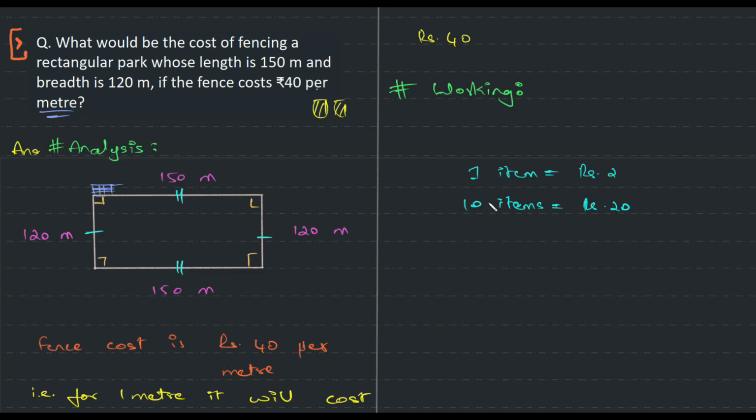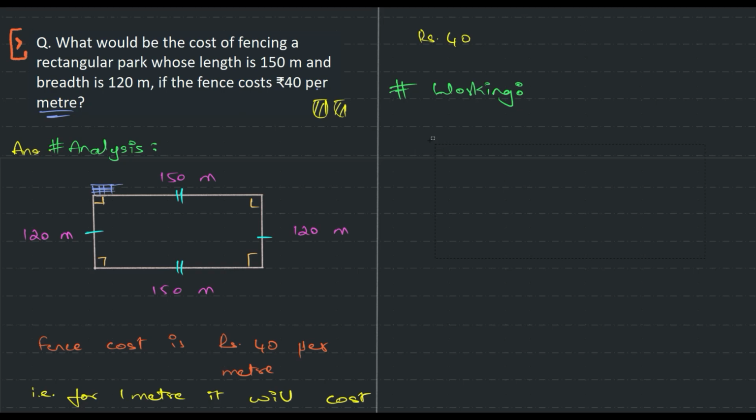So to know how many items I'm buying, what should I do? I need to figure out the perimeter. We don't know this also. We just know that for every meter I'm paying 40 rupees, and they're asking us to figure out this value. For that I need to figure out how many of those items there are. Are you getting it? That's where we are at.